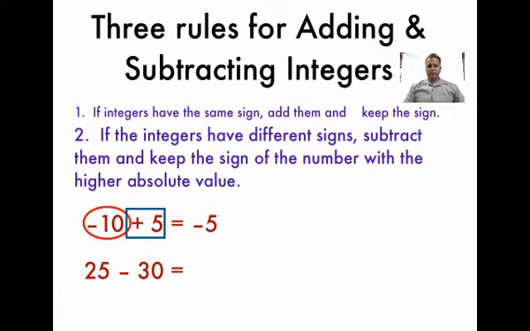25 minus 30 is a positive 25, so that'll be a blue square. And then we have a -30 is a red circle. Different shapes, so we need to subtract. And that's going to give us 5. Since we had more negatives, it'll be a -5 again.